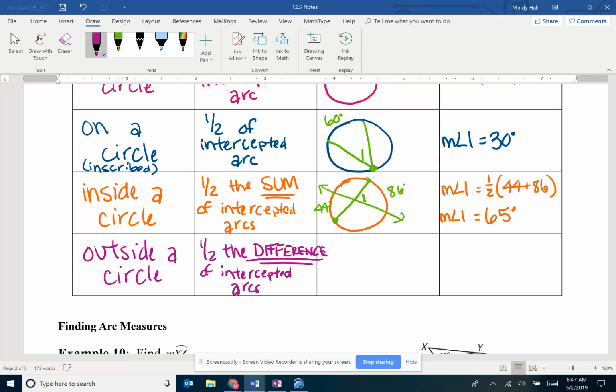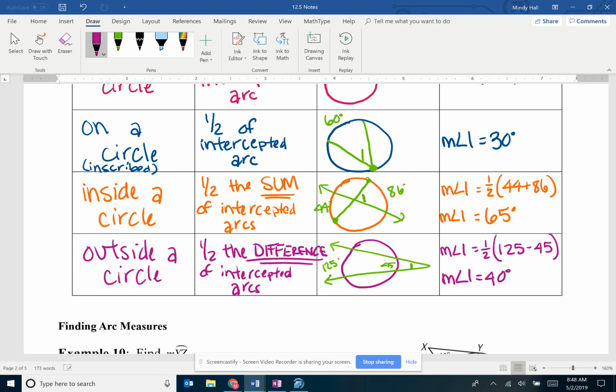So in a picture, maybe we have 2 secants. Measure angle 1 is going to be right here. If we know that this is 45 degrees and this one is, let's say, 125 degrees, the measure of angle 1 would be 1/2 of 125 minus 45. So the measure of angle 1 is 40 degrees.